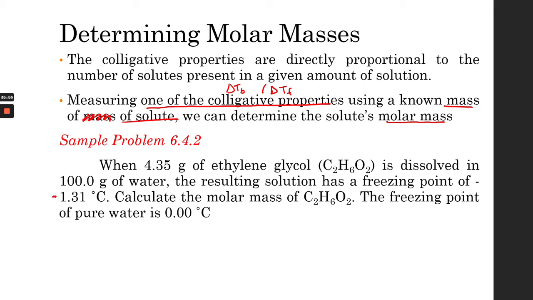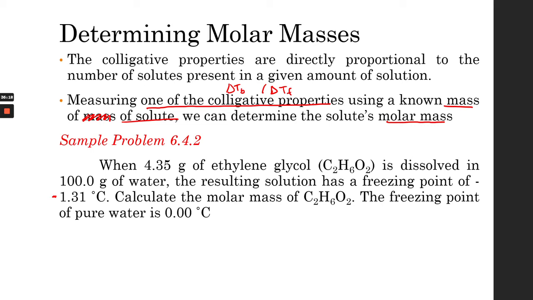Nandun yung negative sign lang, nakahuli. So this is negative 1.31 degrees Celsius. Calculate the molar mass of C2H6O2 or ethylene glycol. The freezing point of pure water is 0 degrees Celsius. So this is common knowledge.